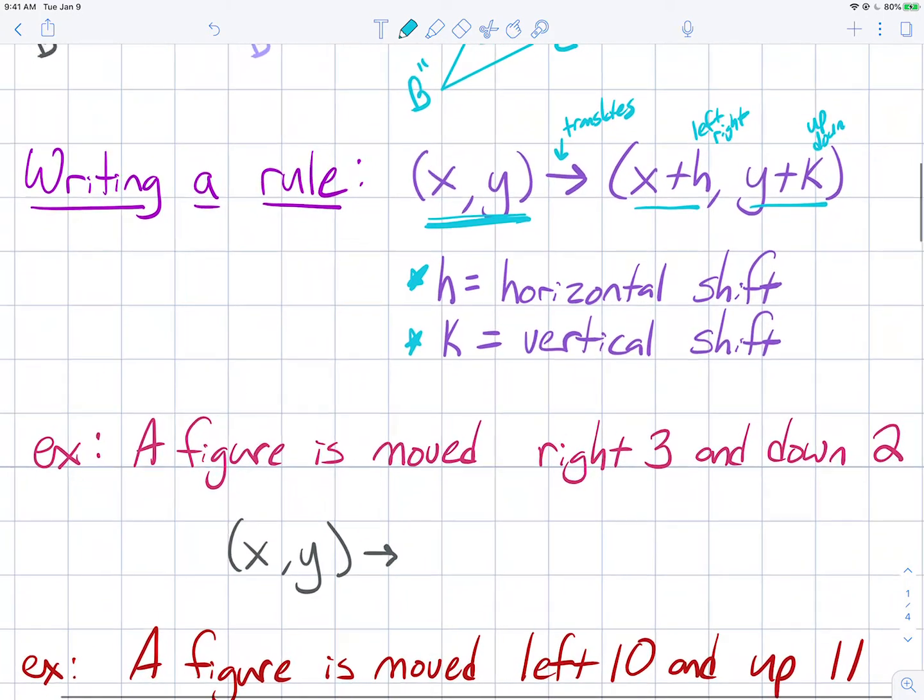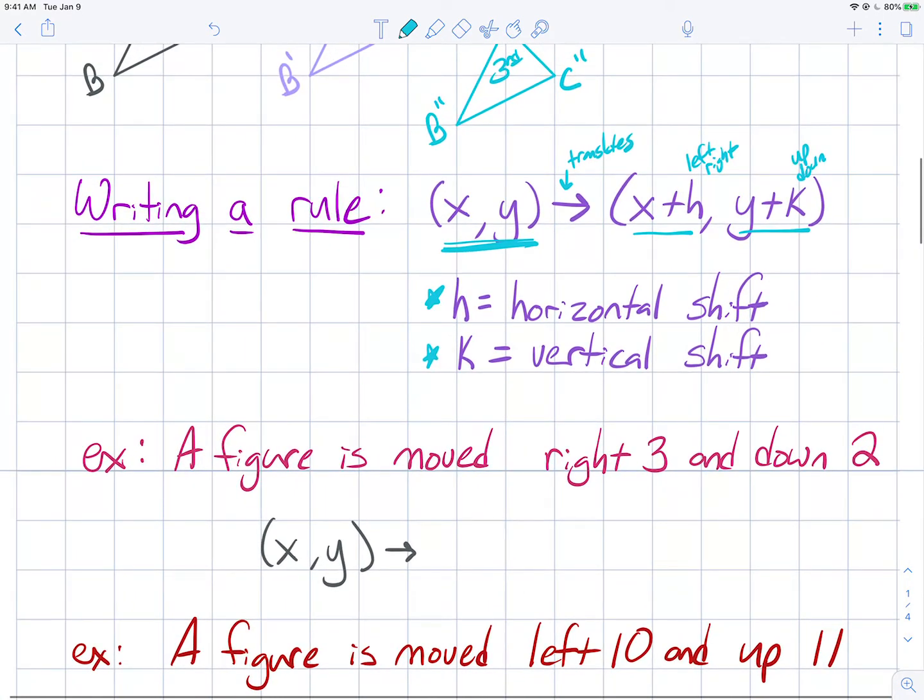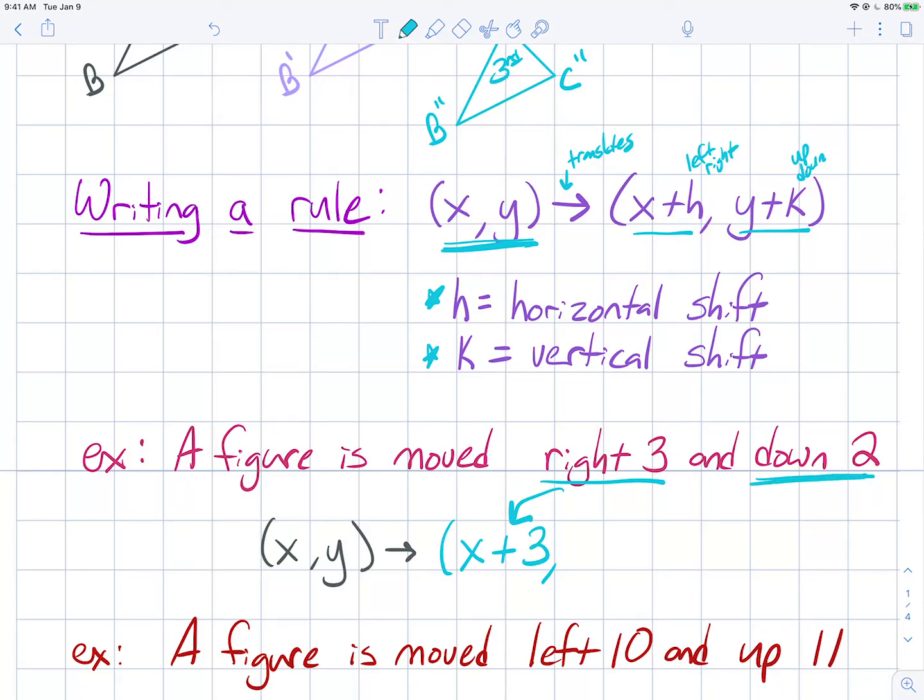So let's just say that a figure moves right 3 and down 2. So the rule would be (x, y) becomes (x plus 3, y minus 2). Since we've moved right 3, that's going in the positive direction, so x plus 3. Since y is going to move down, that's the negative direction, y minus 2.